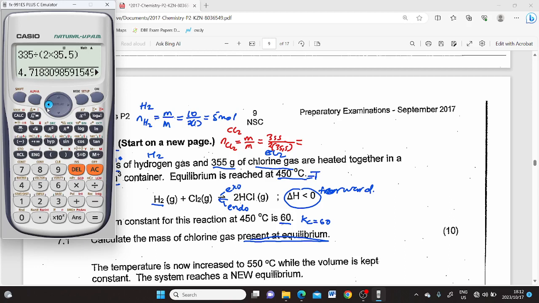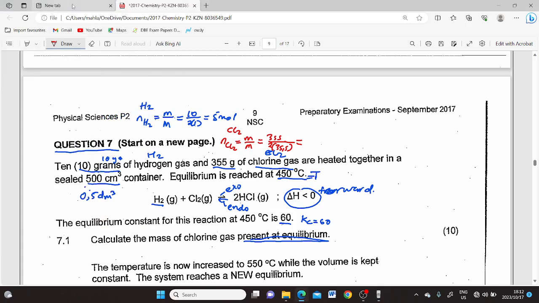But it is 4,72 in fact. So let's write it: 4,72 moles. So this is what is recorded.